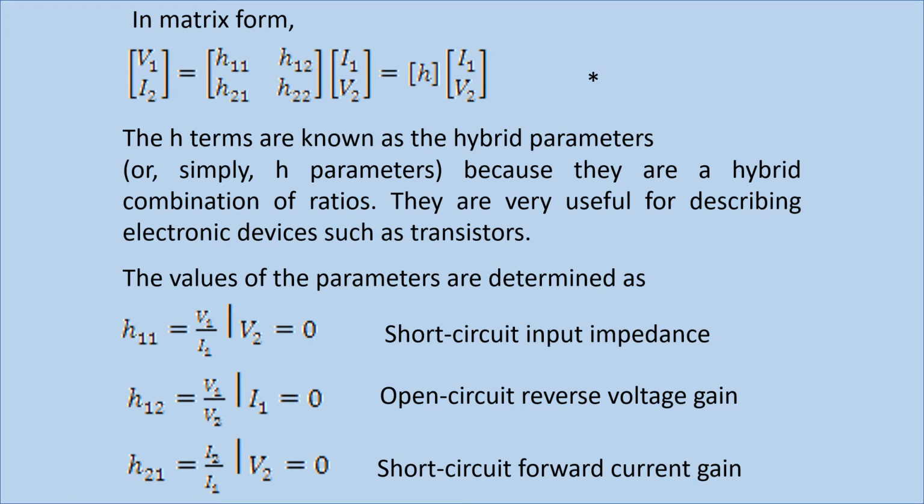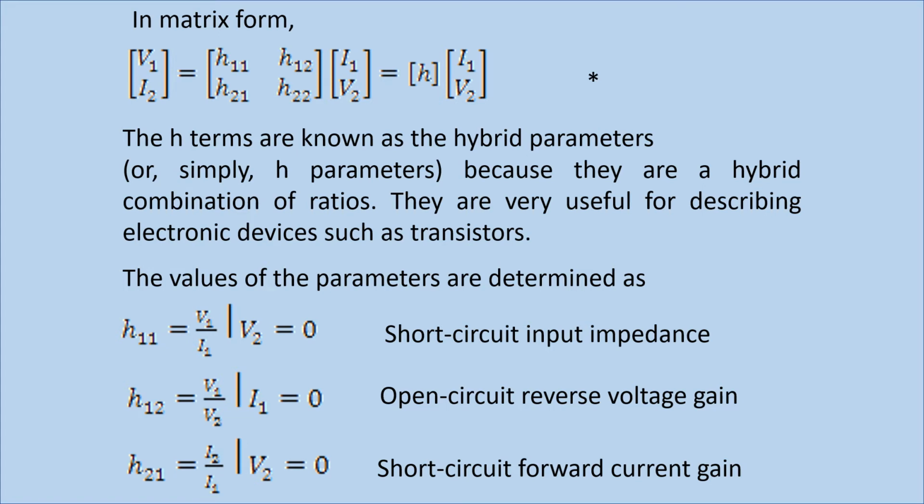The matrix form of the hybrid parameter formula stated in slide 2 will give us V1, I2, that is a 2 by 1 matrix, equals H11, H12, H21, H22, that is a 2 by 2 matrix, multiplied by I1, V2, a 2 by 1 matrix.